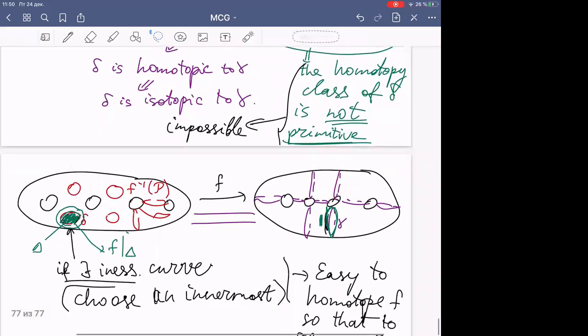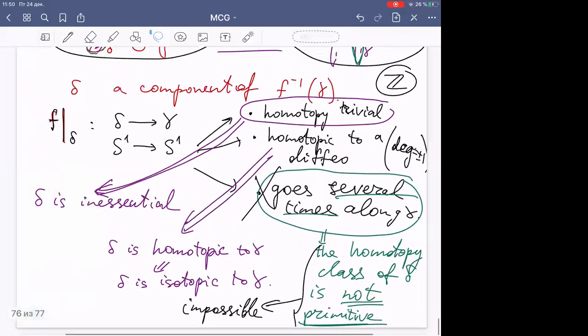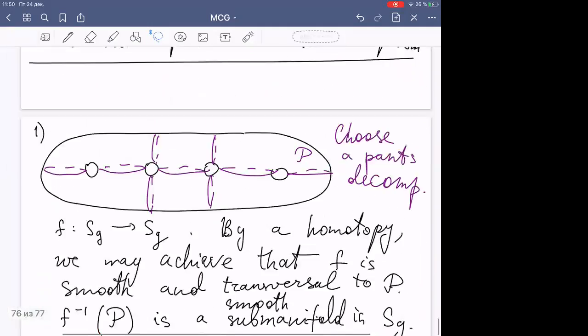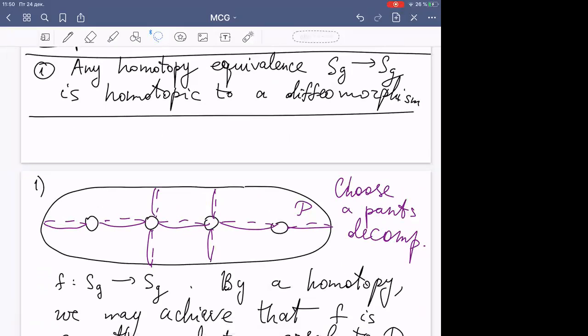Now let us continue and finish the proof of the Nielsen-Baer theorem. I would like to recall that last time we reduced this theorem. The only thing which we need to prove is that any homotopy equivalence of the closed surface to itself is homotopic to a diffeomorphism or to a homeomorphism.